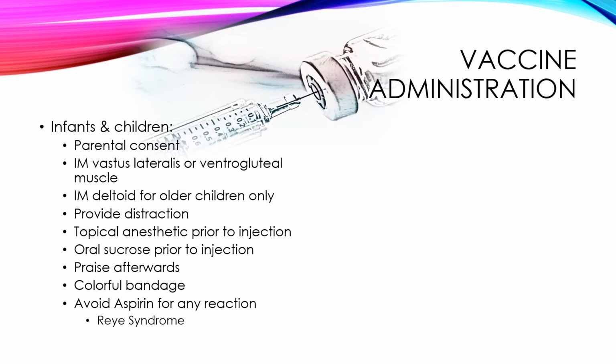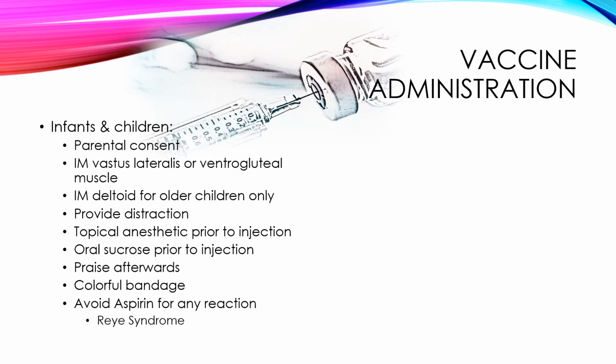The site is going to include the vastus lateralis or ventrogluteal muscles for infants and children. The deltoid is only used in older children. That muscle is not large enough to receive any medication that is not negligible. It can hold very few milliliters.